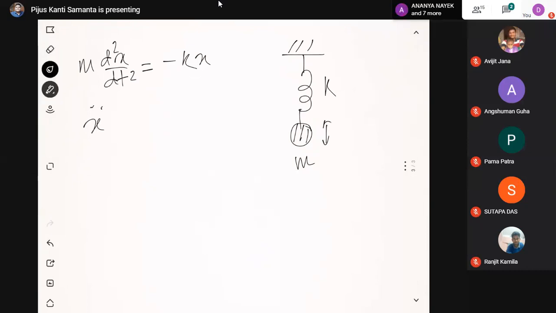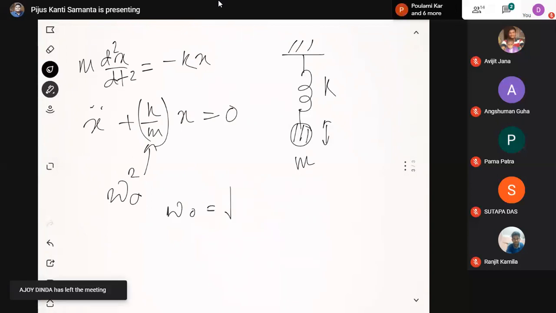So from here we write x double dot plus k by m into x equal to 0, and this is termed the natural frequency, that is, we take omega 0 squared. So what we get is omega 0 equal to root k by m, and that is equal to 2 pi nu 0.